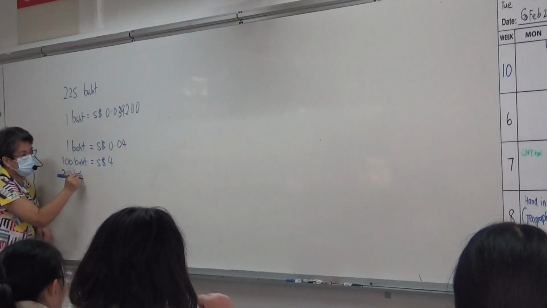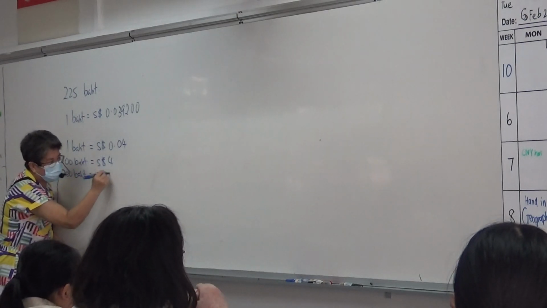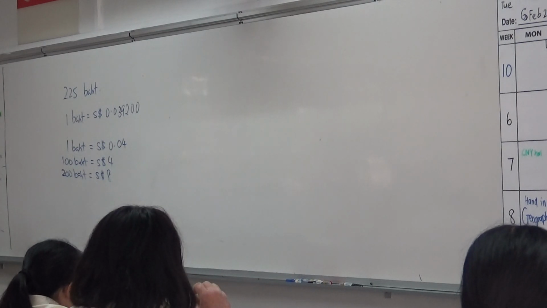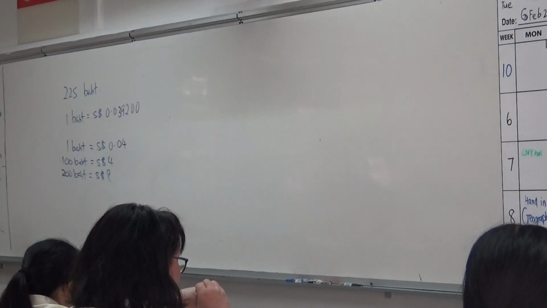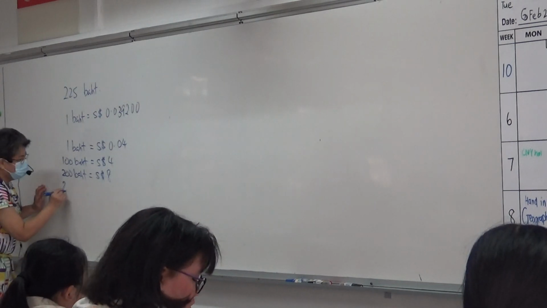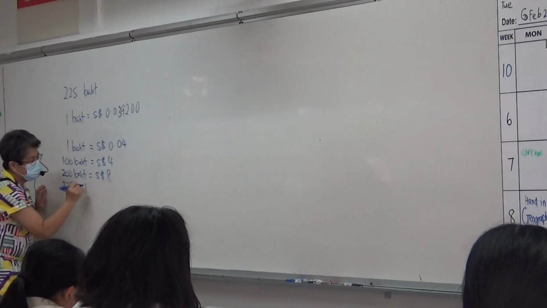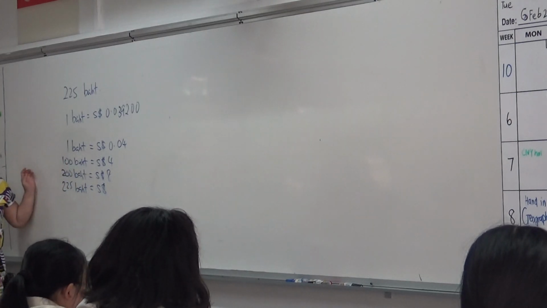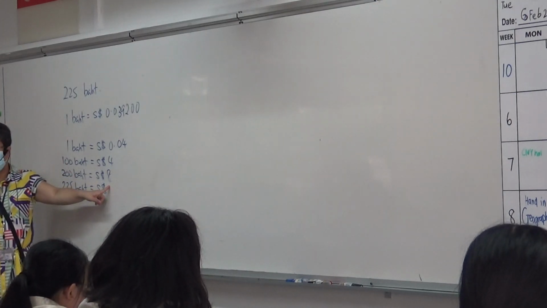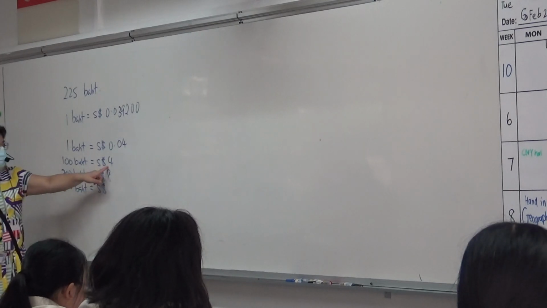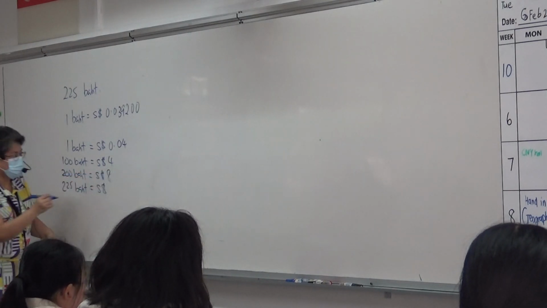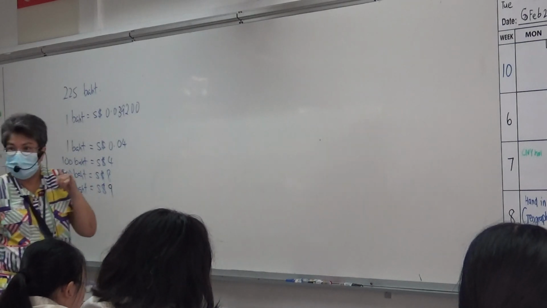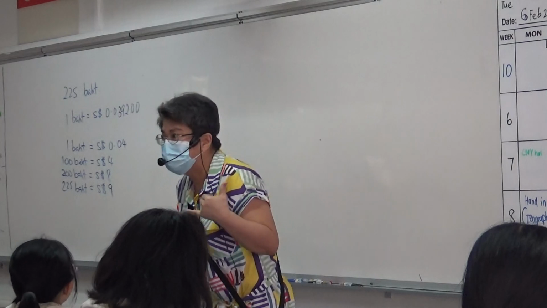So 200 baht is how much? $8, right? Now 25, is it 1/4 of 100? So divide by 4. So 225 baht is approximately what? 8 divided by 4, I mean 4 divided by 4, $1, right? So this is around Singapore $9. Are you all clear about how we do the estimation?